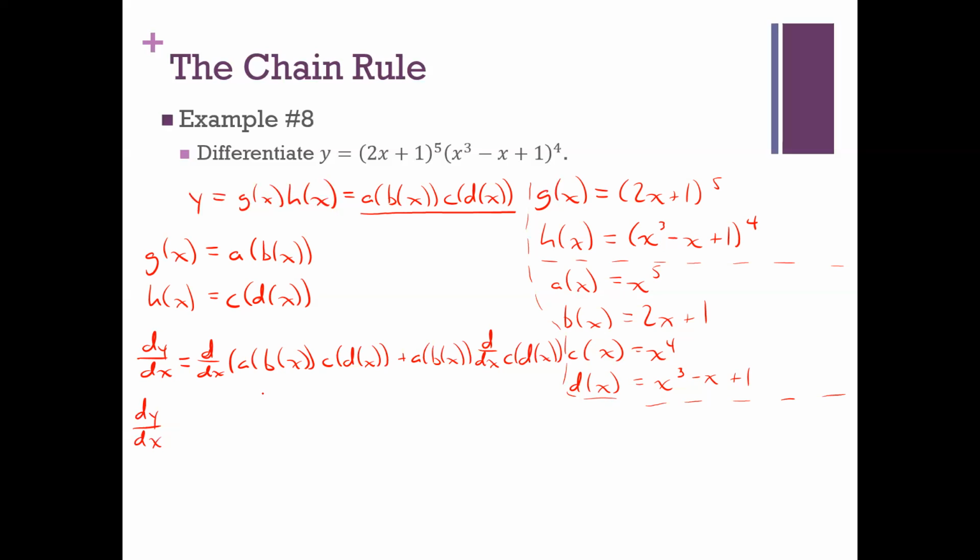What is the derivative of a of b of x going to be? Times 2. Yep. Gotta take the derivative of the inside as well. This next one I can just rewrite.